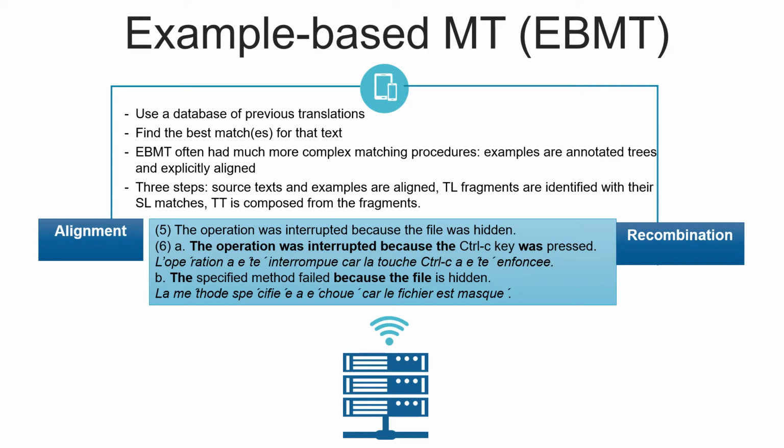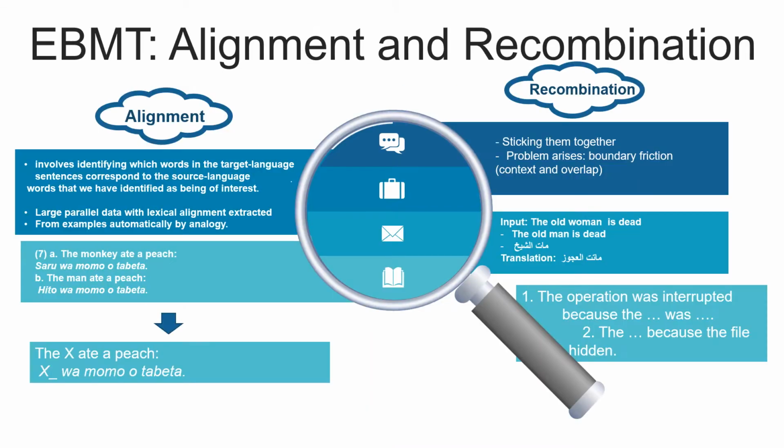The example-based machine translation process must now pick out from the French examples in number 6 which words correspond to the words in bold in English, and then combine them to give the proposed translation. These two operations are known in example-based machine translation literature as alignment and recombination.